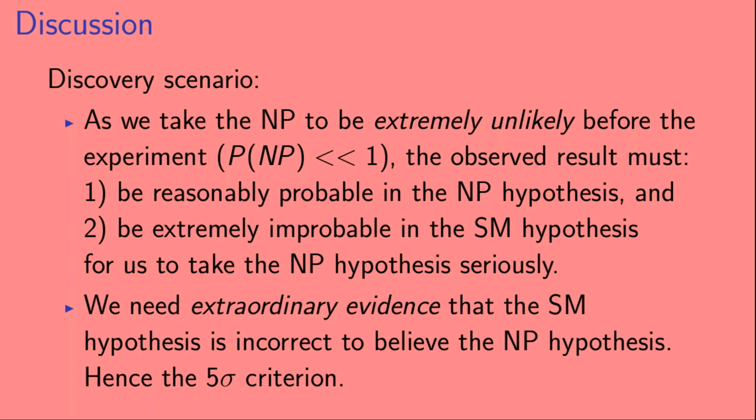Basically, we need extraordinary evidence that the standard model hypothesis is incorrect in order to believe the new physics hypothesis. This is why we have the 5 sigma convention.